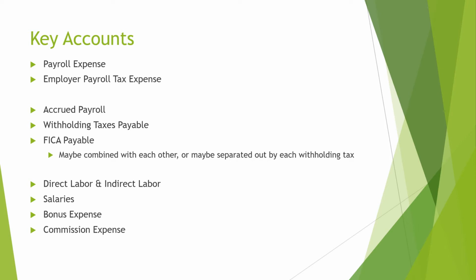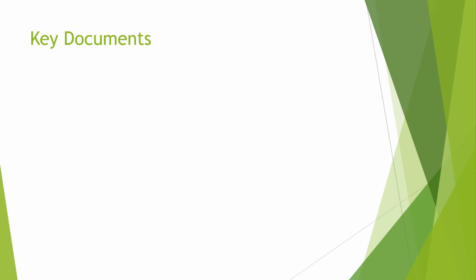If you had a 401k amount withheld from your check as an employee, the employer will hold on to that and then pay that over to the agency that's managing those 401k funds. So those are, again, different accounts that you're going to look at and need to get familiar with when you get into payroll. There'll also be things like workers' comp expenses, disability expenses. All those are part of this.